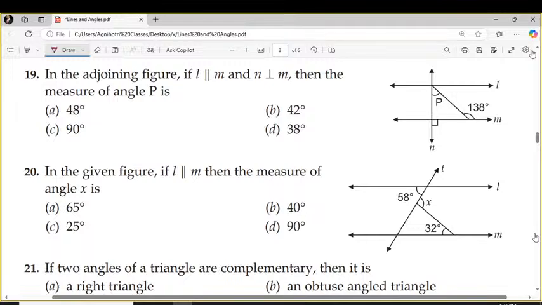Sir, yes, sir, I've got my answer. I got 48 degrees, part A. Okay.